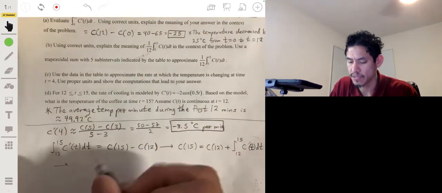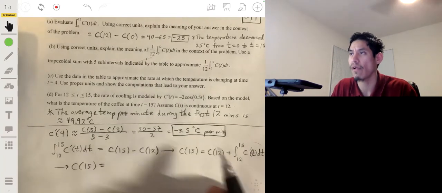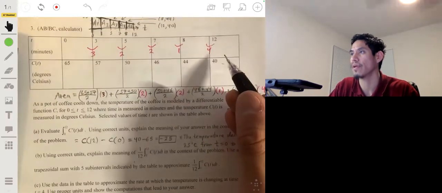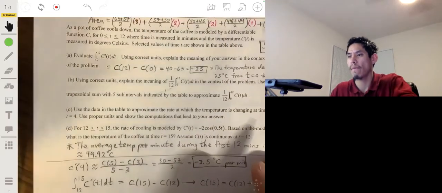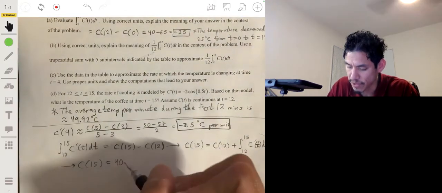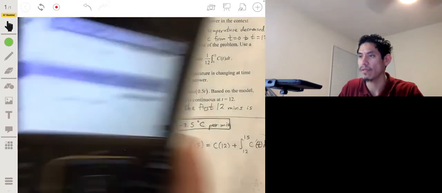Let's write this. C of 15 will be C of 12. We're given C of 12 in the problem as 40. So this is going to be equal to 40 plus this crazy number.